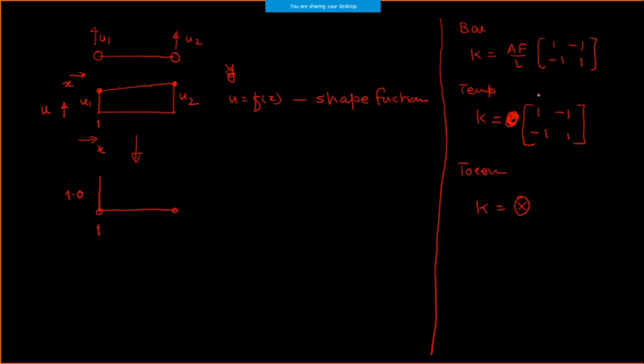So I can have n number of different fields where I can apply the same kind of matrix contribution. Only I'm going to change this constant, and I will have a different kind of element.